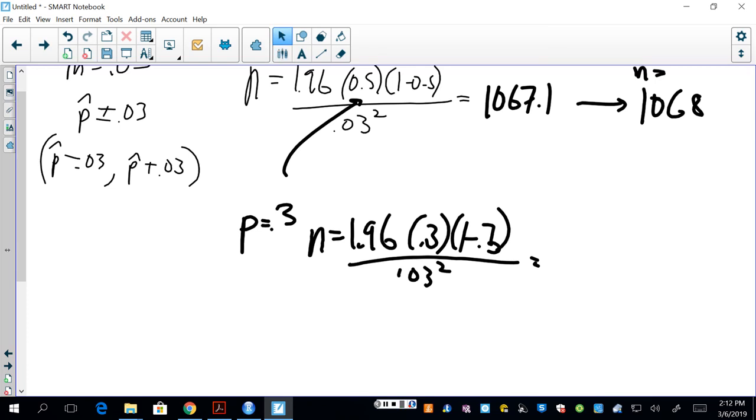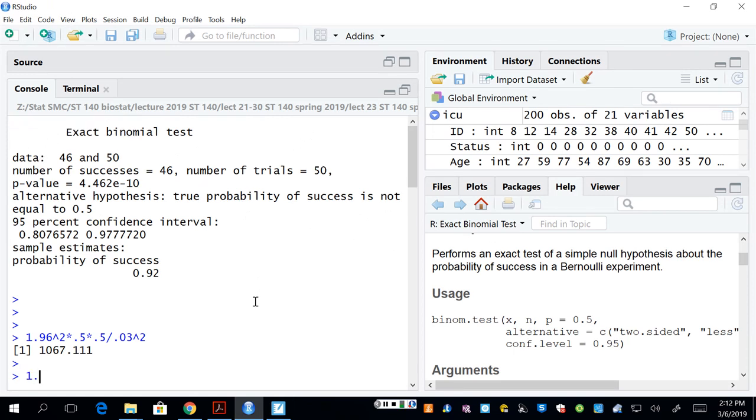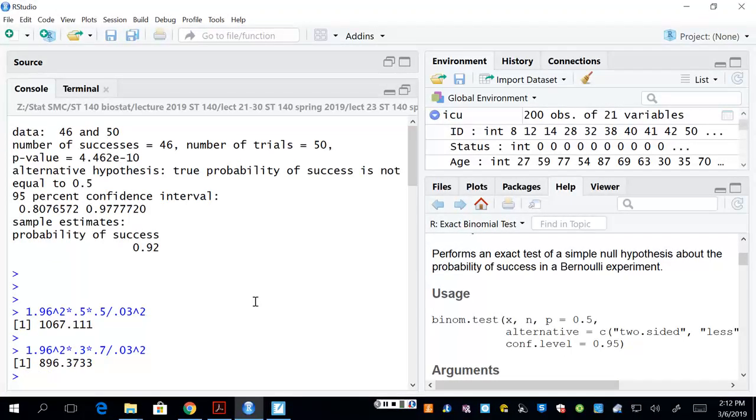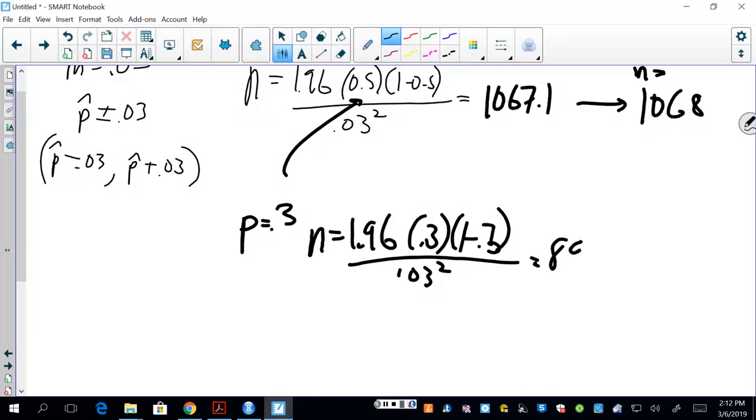Let's do it a little bit differently. 1.96 squared times 0.3 times 0.7, which is 1 minus that. If we wanted a 0.03 accuracy, we get 896.4, so round up to 897.